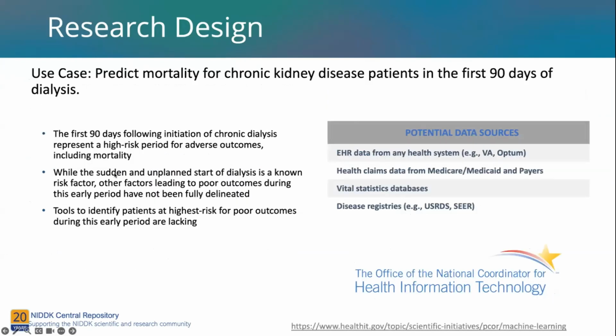Let's go back here. So this is a use case that I'm going to talk about at the end if we have time, where we worked with the Office for the National Coordinator for Health Information Technology, which I will abbreviate to ONC. And we actually worked with NIDDK as well. We had a few partners there to look at predicting mortality in chronic kidney disease patients during the first 90 days of dialysis. There were a few different reasons.